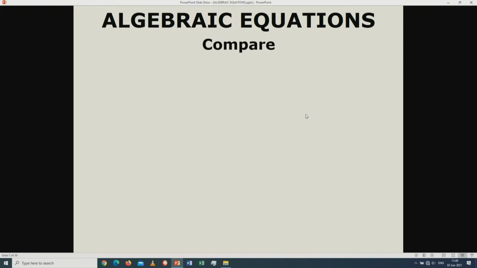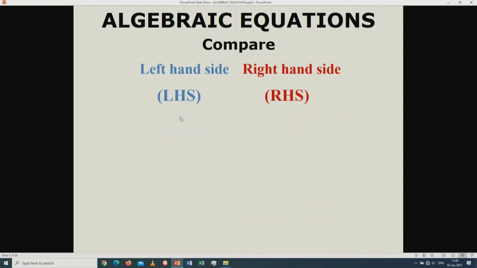In algebraic equations, like I've alluded, we compare two sides. We compare the left-hand side as well as the right-hand side. This is the equation. We have x plus 3 being the left-hand side.